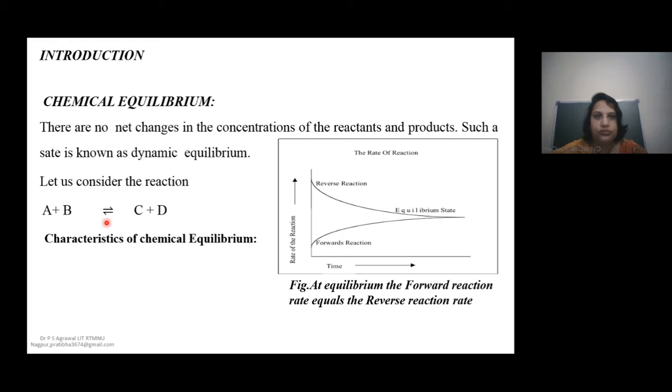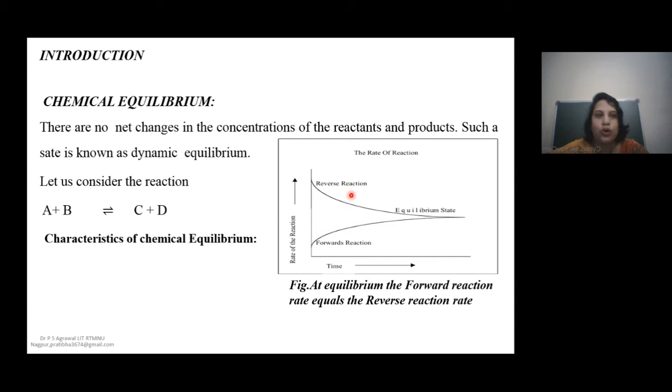Now, if we start with A and B in a closed vessel, the forward reaction proceeds to form C and D. As the concentrations of A and B decrease, those of C and D increase continuously. As a result, the rate of forward reaction decreases and the rate of backward reaction increases.